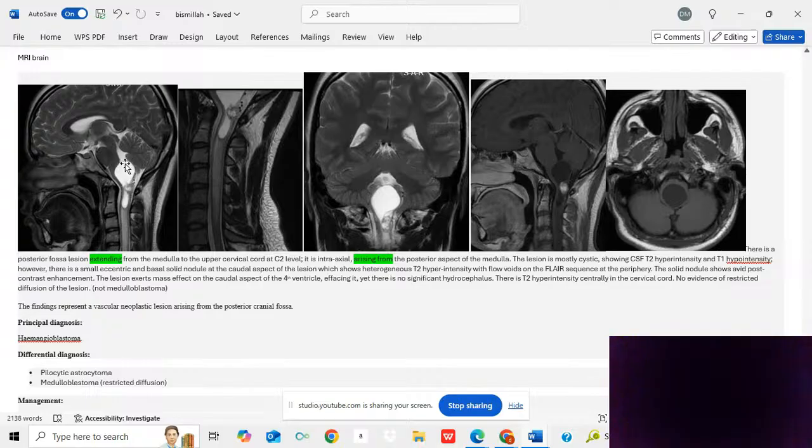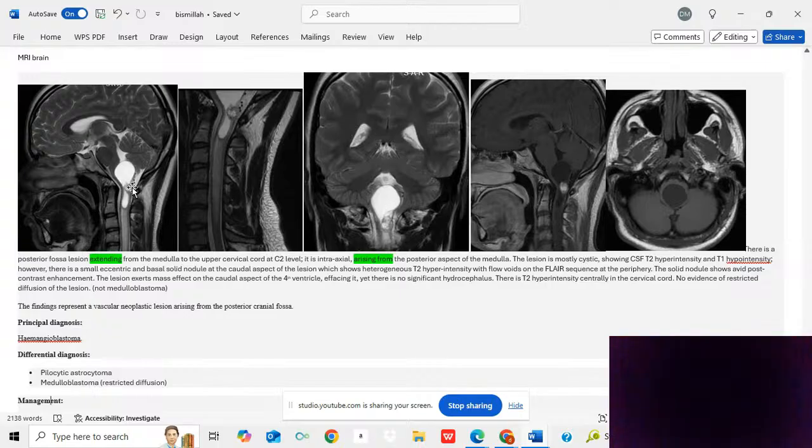Then you need to mention that the lesion is intra-axial and arising from the posterior aspect of the medulla, as you can see here, and then the content of the lesion.